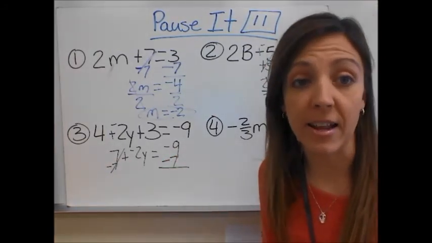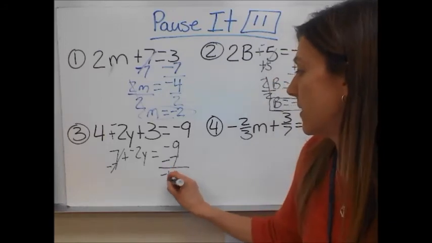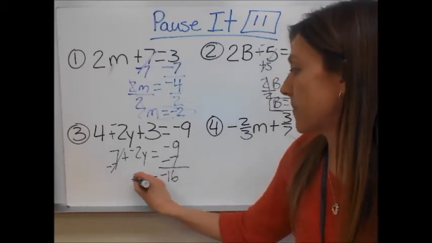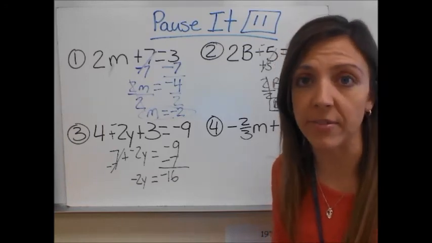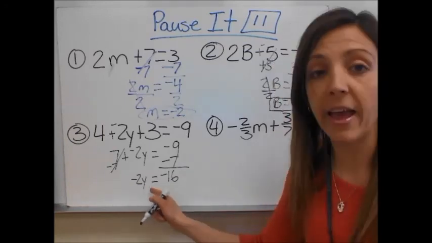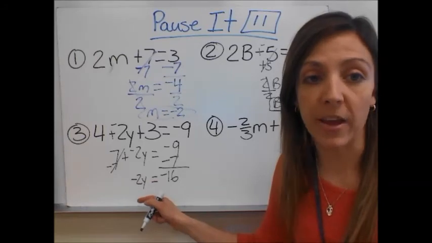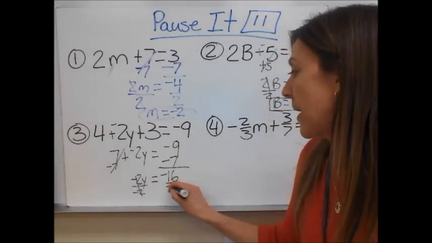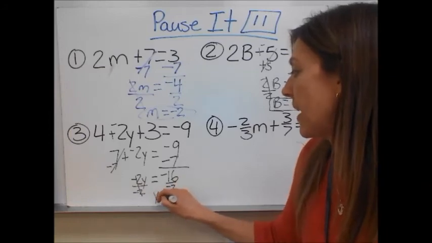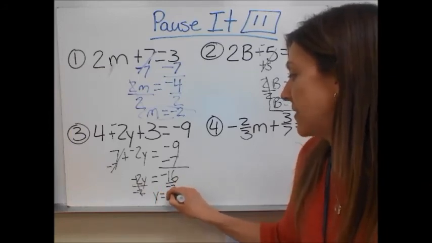Negative 9 minus 7 is negative 16. Now I have negative 2y equals negative 16. This is multiplication. The inverse of multiplication is division. So I'm going to divide by a negative 2, divide by a negative 2, and I get y equals 8.